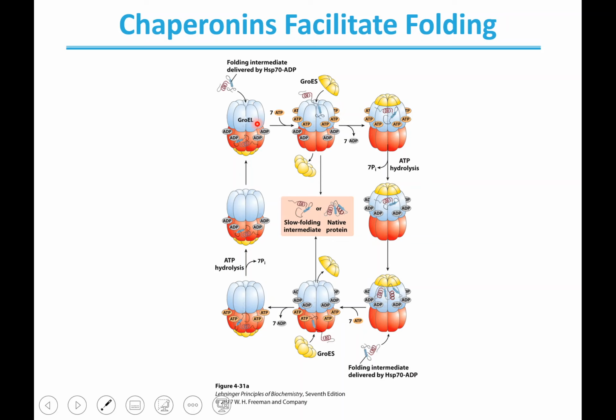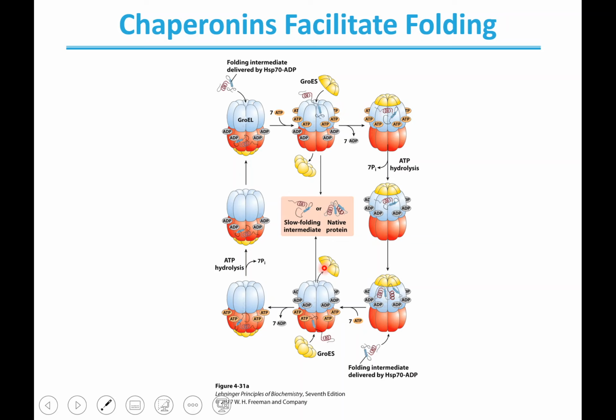Each one of these has an ATP connected to it on the GRO-EL. Those can undergo hydrolysis, and in the time it takes for that to happen, the protein hopefully has folded into its correct state.